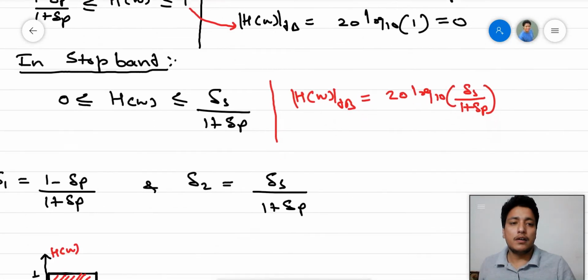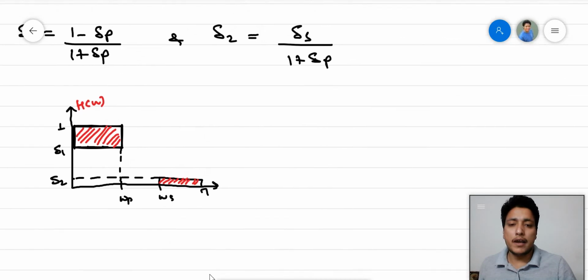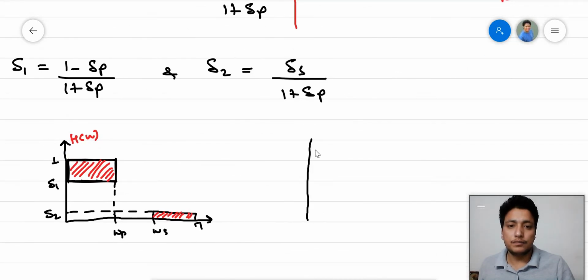and this is called minus AS in dB. Now if you want to plot these characteristics, we will get 0 at this point, and this is omega, which is varying, and this is H(omega) in dB.